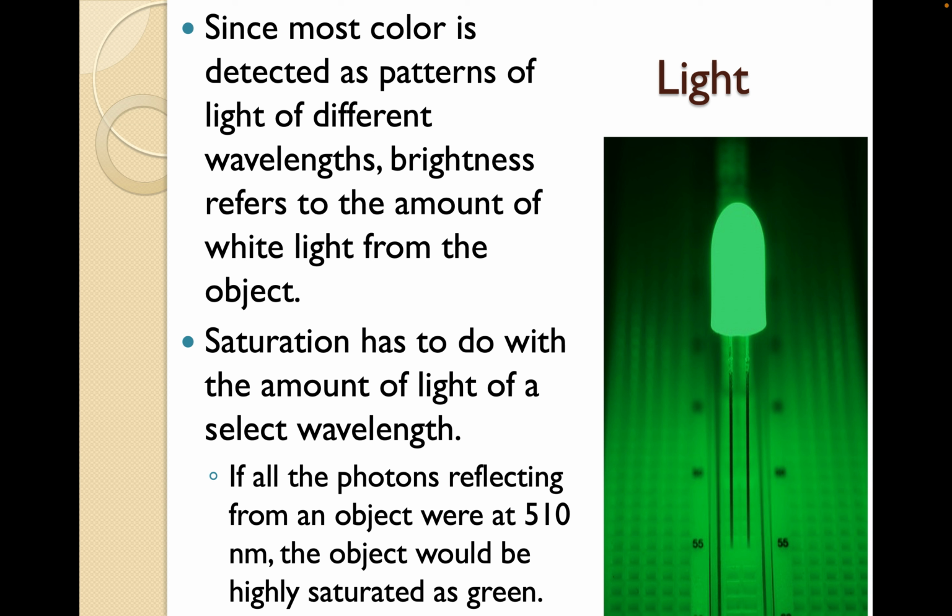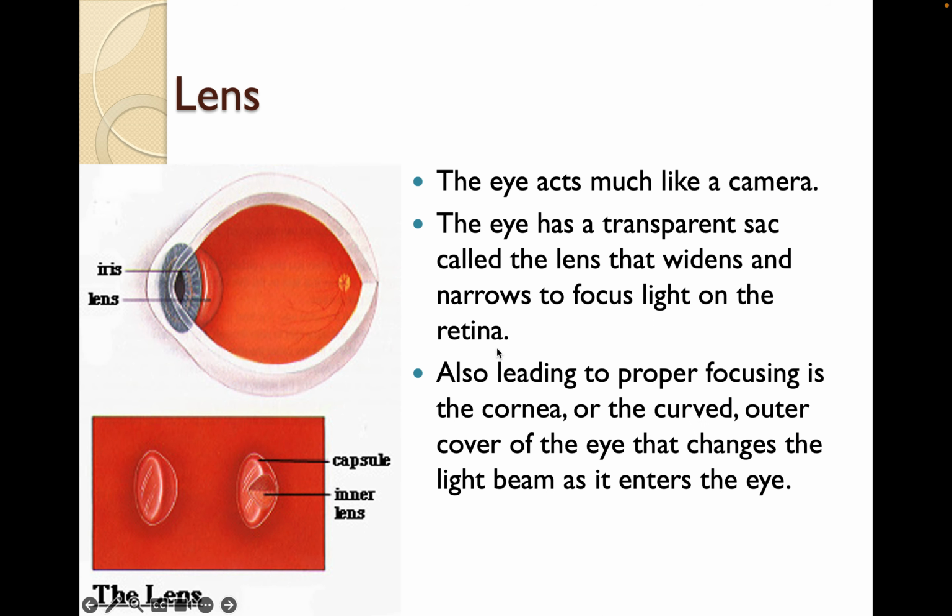Saturation has to do with the amount of light of a select wavelength. If all photons reflecting from an object were at 510 nanometers, the object would be highly saturated as green. And of course, today is St. Patrick's Day, so green is a good color to have on.